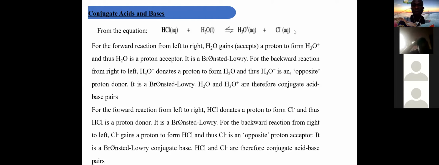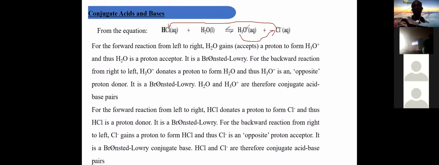A proton is donated from the hydronium ion to Cl minus, and then you get back HCl. What does that mean here? It tells us that in the backward reaction, Cl minus is a base because it is accepting a proton. You see that?